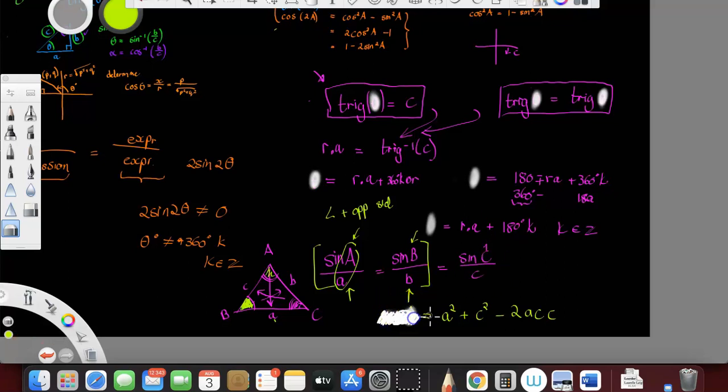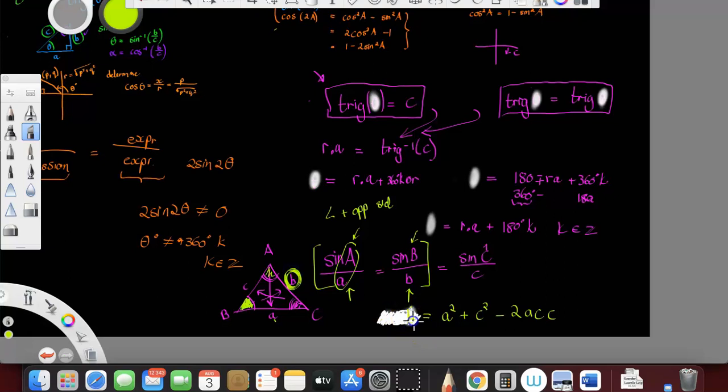I've got C squared. You can't see that C very nicely, I'll make it thicker. Not C squared, in other words, but the side that I don't have, B squared.